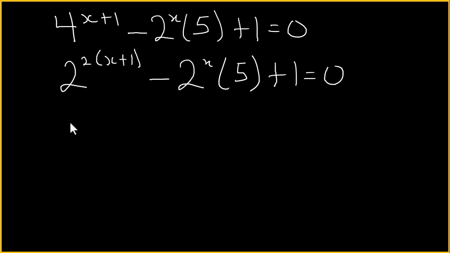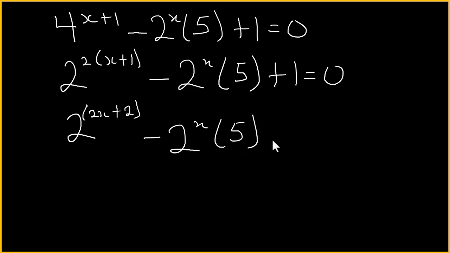We have 2 raised to the power 2x plus 2, minus 2 raised to the power x by 5, plus 1 equals 0. 2 raised to the power 2x.